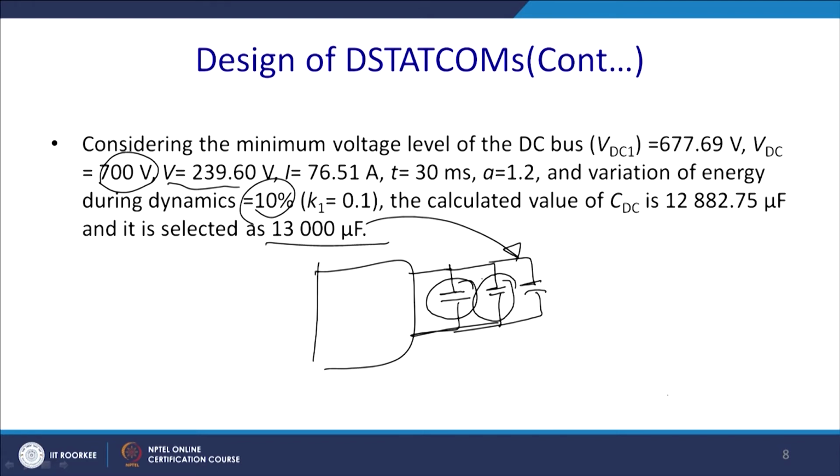Generally the ceramic capacitor will be just 5% of this big 13 millifarad capacitor, that is very low, and 0.5% of it should be the tantalum capacitor. What do they do?